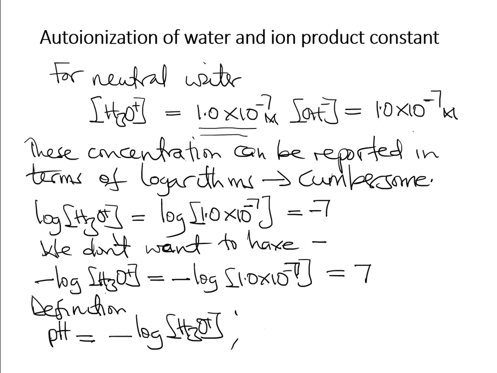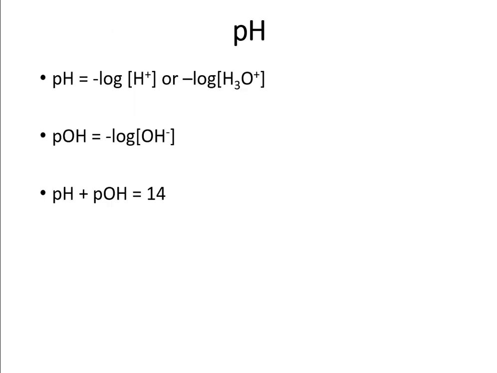We also define pOH. pOH is defined as minus logarithm the concentration of OH minus. So pH can be defined as negative log H plus or negative log H3O plus.